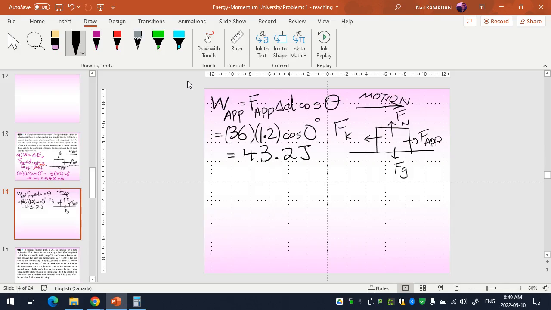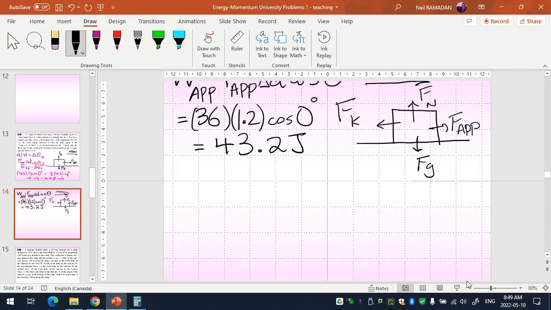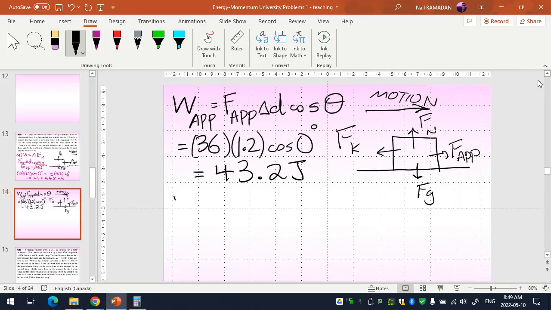Okay. What's the other work that we need to calculate? Come on. Friction, the work done by kinetic friction. Which means, I'm just going to zoom in so you can see. WK equals FK delta D cosine of theta. Do we have an equation for FK? Remember, you have to revisit things from before. What's the equation for FK from forces?